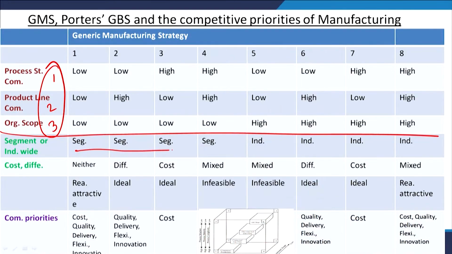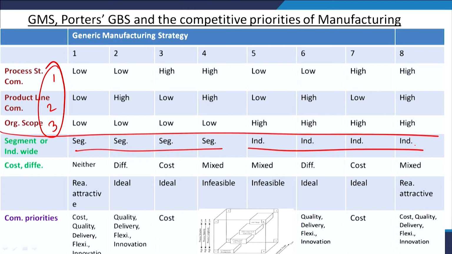So, here we see that some of these strategies, like 1 to 4, these 4 strategies, are applicable only for a particular segment, while strategy number 5 to 8 are applicable for the entire industry. So, now I have a diagram here again of our framework.